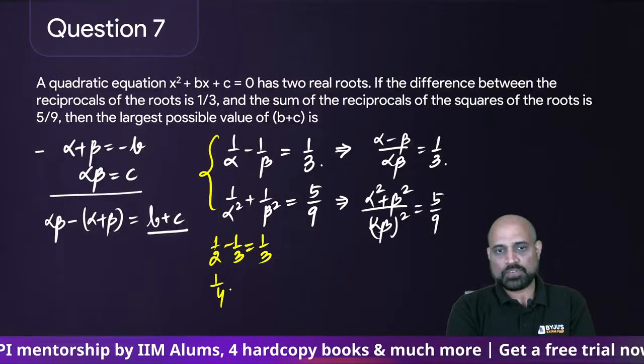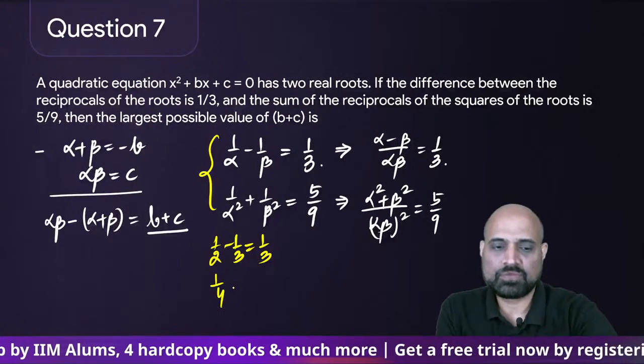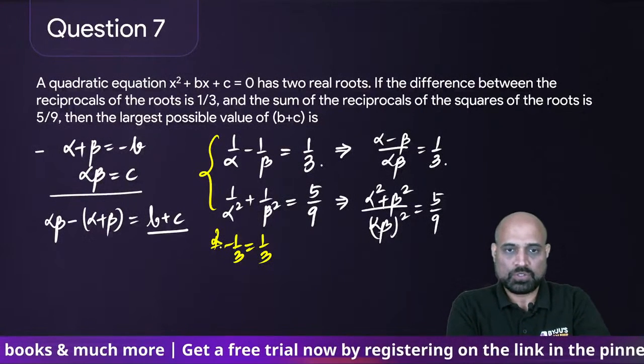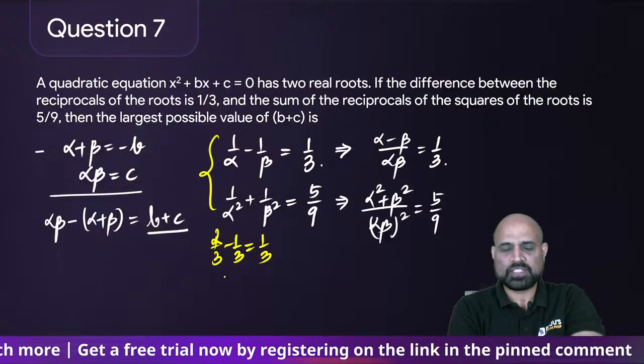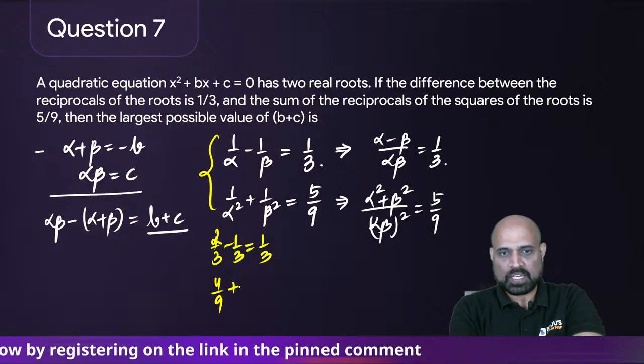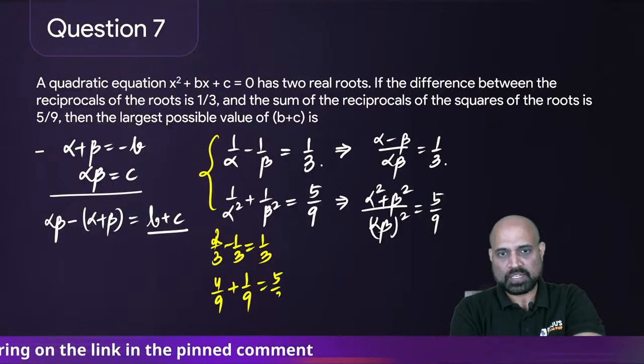And if you square, you will get, 2 by 3, no? So 2 by 3 minus 1 by 3 is equal to 1 by 3. And you will get 4 by 9 plus 1 by 9 is equal to 5 by 9.